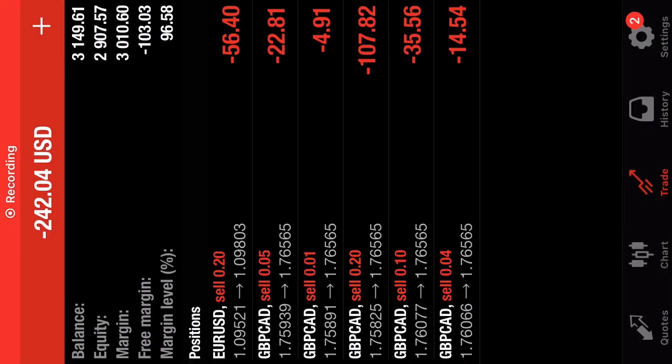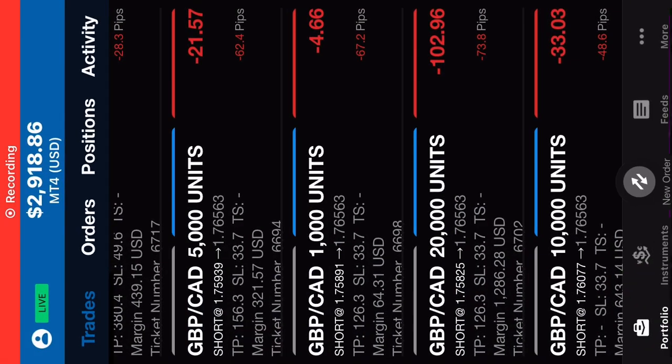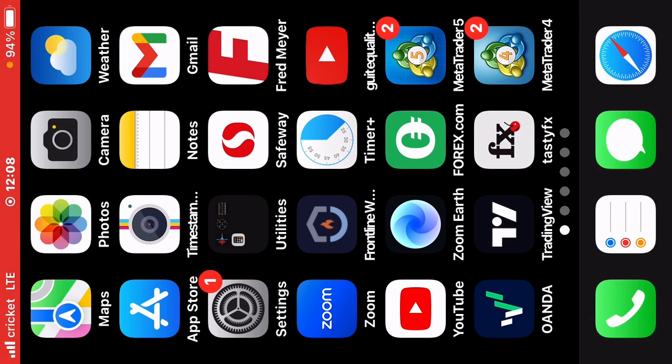Once again, the drawdown is sitting there at $2,942. Then the pips are going to be at 73 pips. That's a lot of pips to have to drop for the day, but never know, could happen.